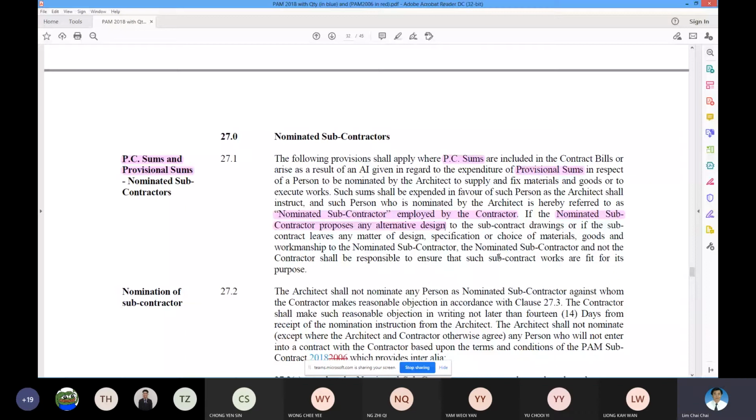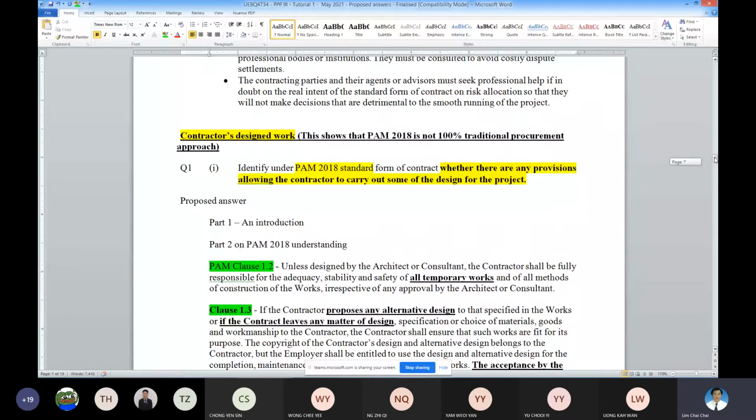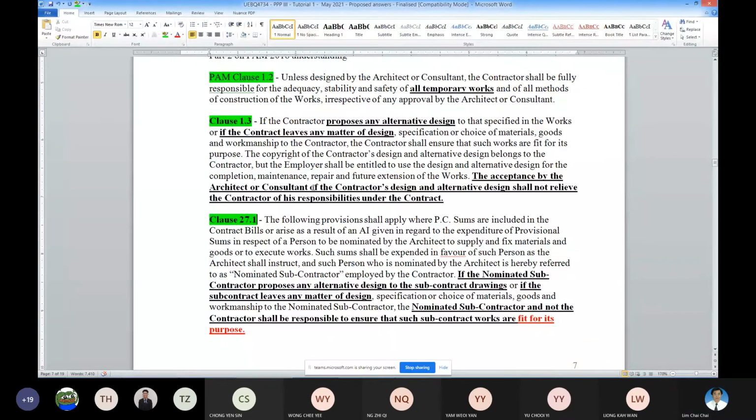Okay, so this is what to tell you. Are there any provisions under the contract where the contractor can do the design? The answer is yes: at the temporary work, and also alternate design by the main contractor, and also alternate design by the NSC contractor. So this is how you tackle the question here. So question one: these are the areas that tell you that for NSCs, if you have to carry out alternative design, then there's something to do.